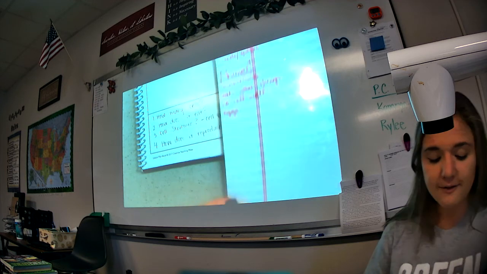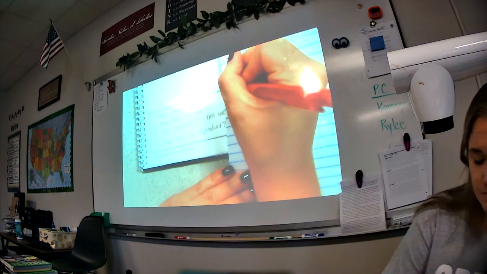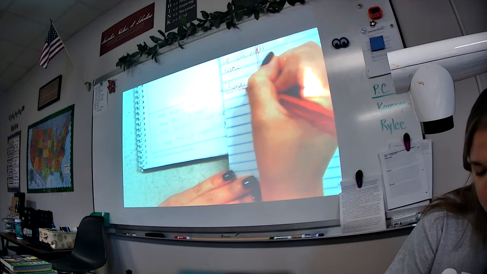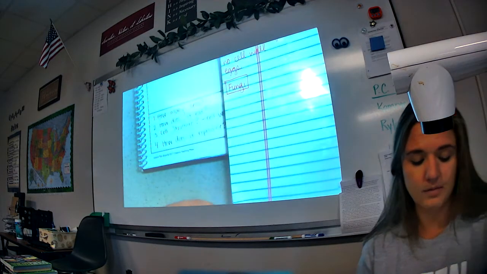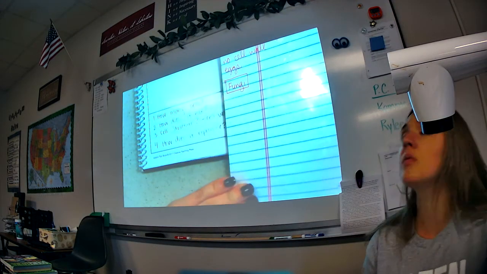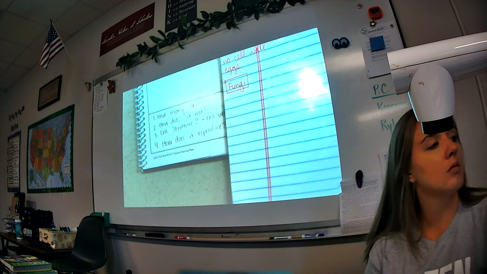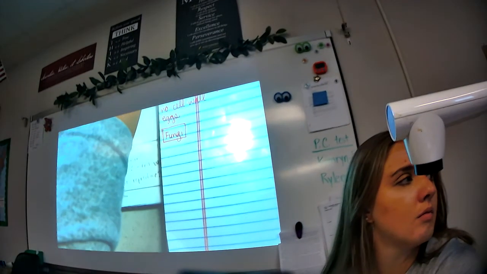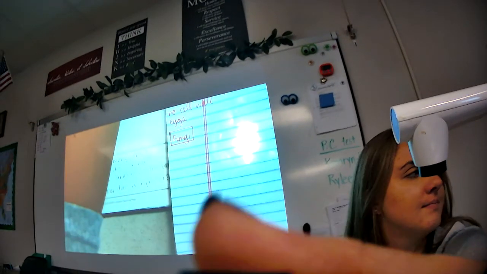We're going to go on to fungi. Parker, keep reading. Fungi are single-celled or multicellular organisms that reproduce by spores. Like plants, the cells of fungi are surrounded by cell walls. However, these cell walls are made up of a substance called chitin.